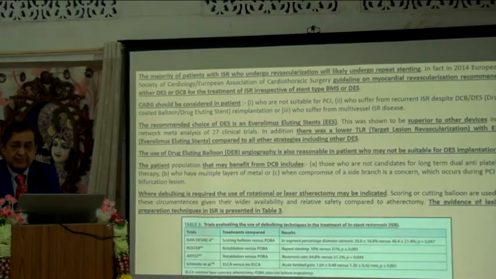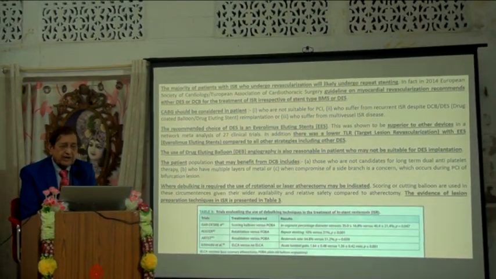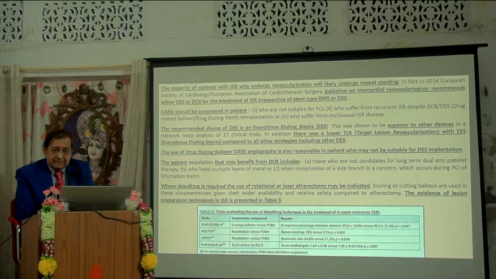In fact, the 2014 European Society of Cardiology and European Association of Cardiothoracic Surgery guideline on myocardial revascularization recommends either DES, drug-eluting stent, or DCB, drug-coated balloon, for the treatment of ISR, irrespective of stent type, whether it is BMS or DES.